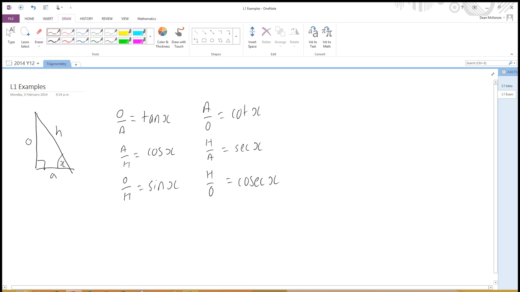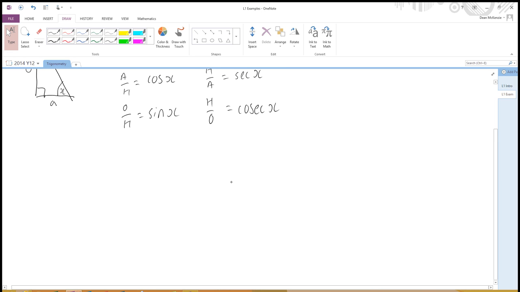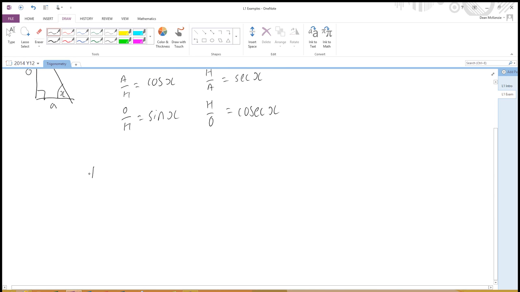Right, there's also a few basic relationships that you really should note. And that is the fact that we know that tan of whatever angle is O over A. But we've also got O's and A's in the sine and cosine, so we can actually relate tan to sine and cosine.